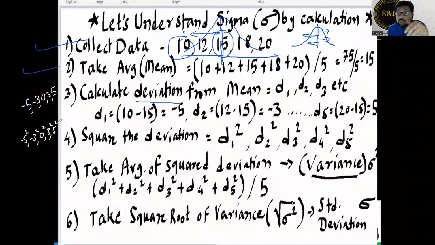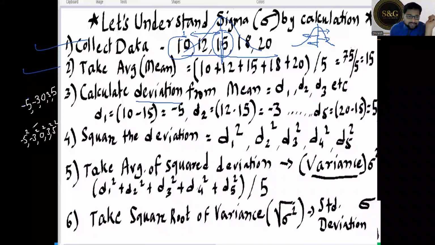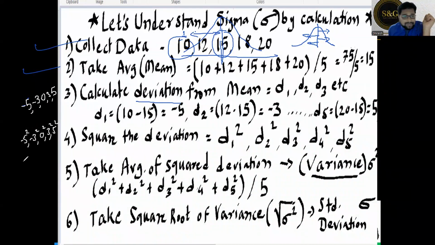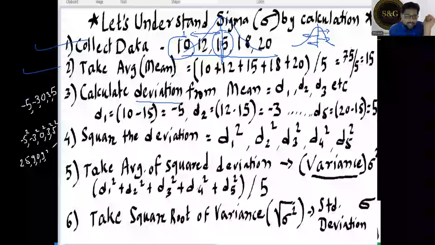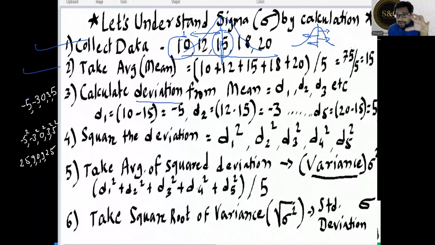They have taken the square of the values, and now they take the average of that. It's like 25, 9, 0, 9, and 25. Just add this up, divide it by 5 and give me the number in the chat.